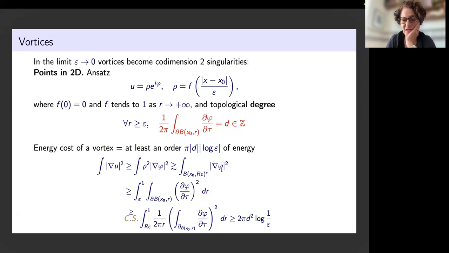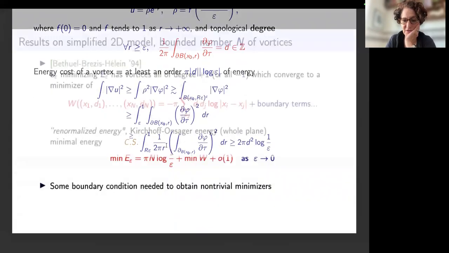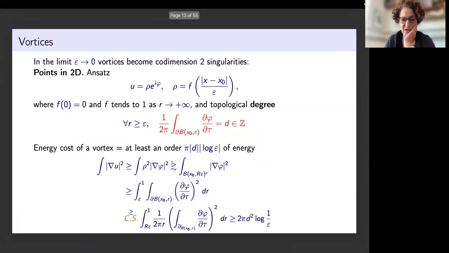And then you integrate that by bounding it from below by the circulation, or the tangential derivative squared, on circles. Whoops, sorry. And then you apply Cauchy-Schwarz in reverse. You bound from below the integral of the square by the square of the integral, divided by the length of the circle, so that's the perimeter, 2 pi r.